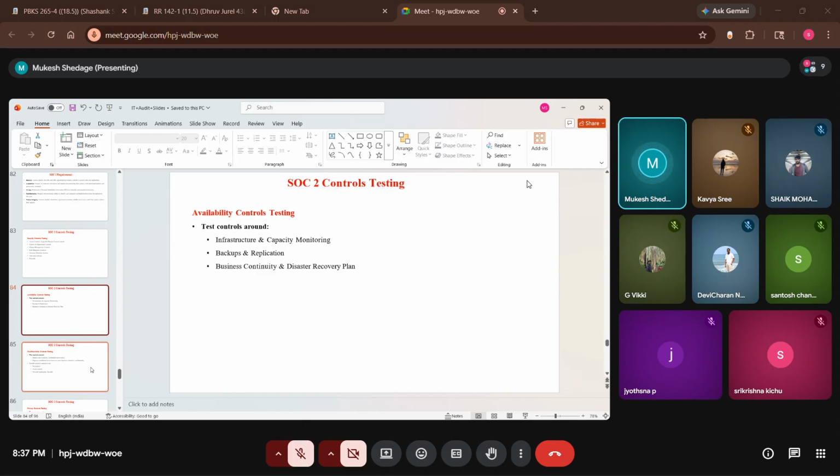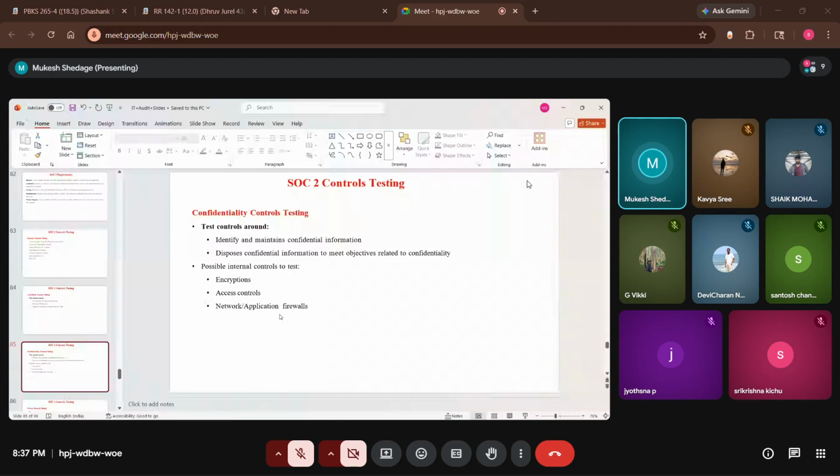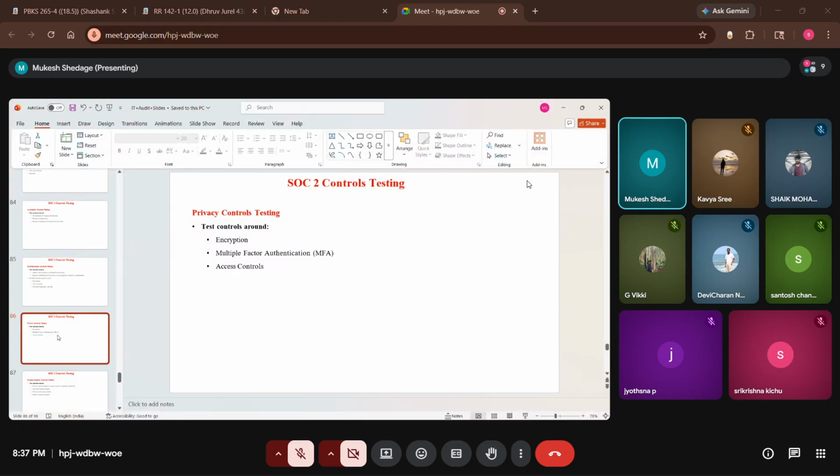Okay. Then if you go to confidentiality, you can see again access control, confidential information, encryption, firewalls. Same thing. There is no difference, only they are divided into five things. That's it. Here, privacy control, encryption, multi-factor authentication, password control, again access controls.